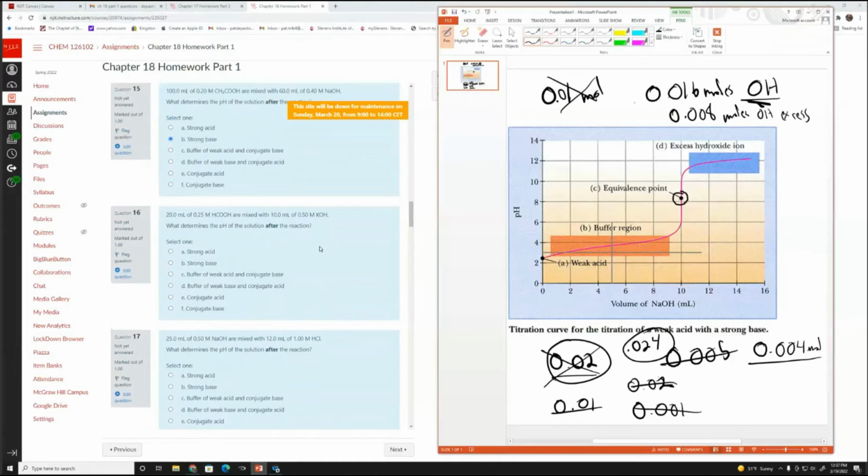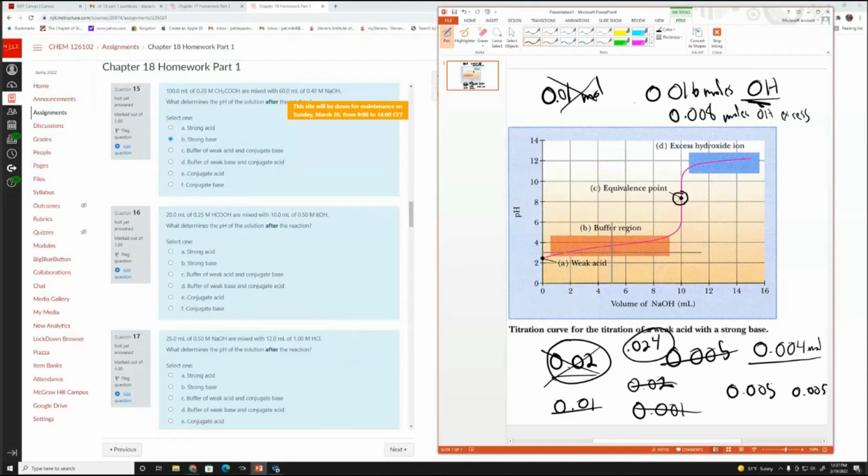Number 16, we have a different acid, but it's still a weak acid, so it doesn't really matter. This is formic acid. We have 0.02 liters times 0.25 molar. That gives us a mole value of 0.005. Comparing that to the amount of strong base, which is KOH, and it's 0.01 liters times 0.5 molar, gives us the exact same amount.